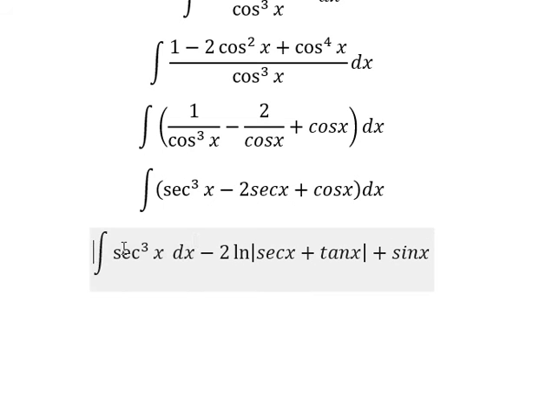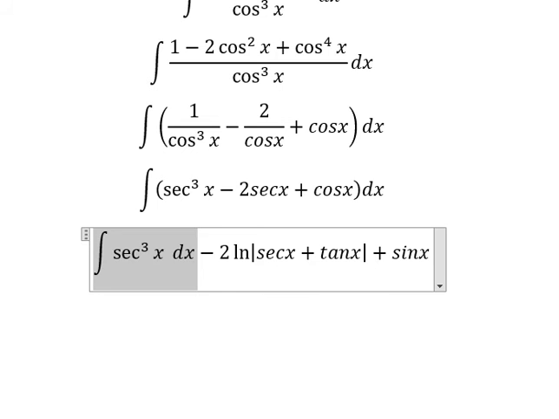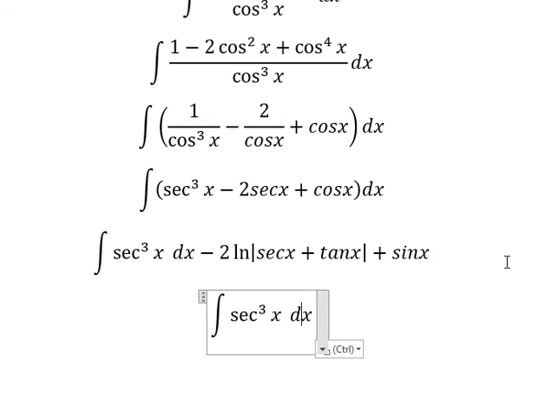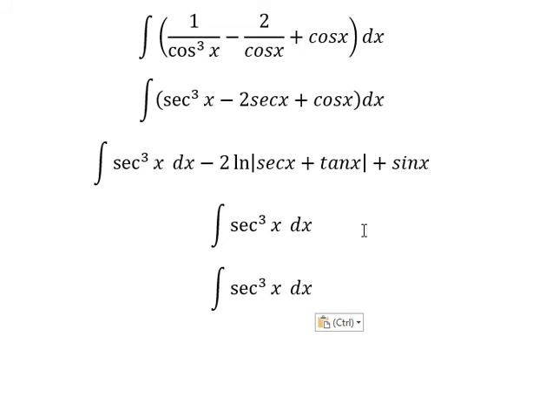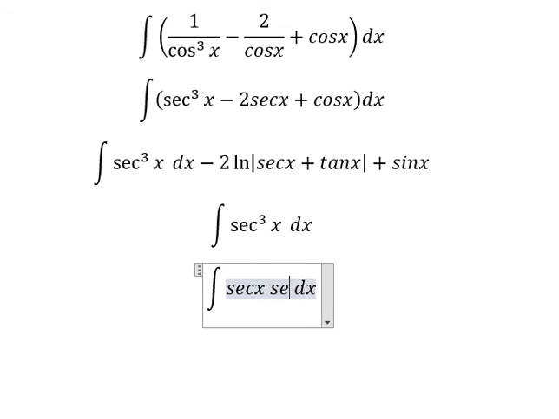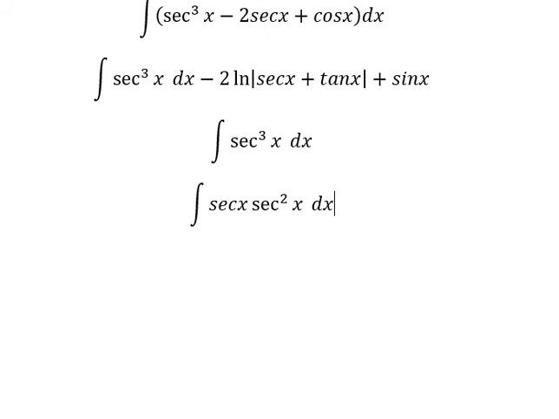Now I will concentrate on this one. So secant of x to the power of 3, we can write as secant of x multiplied by secant of x squared. Next, we need to use integration by parts.